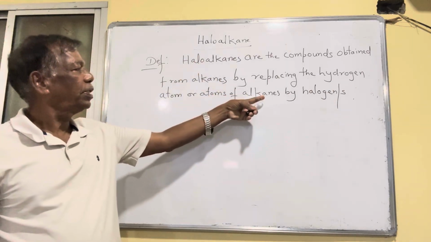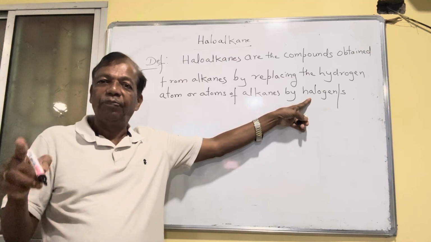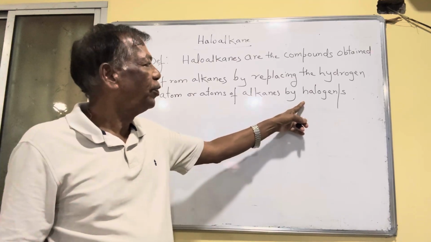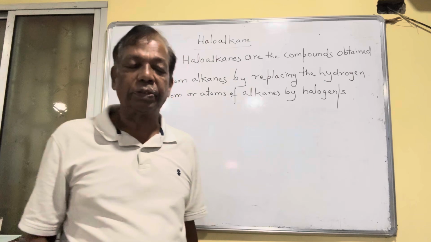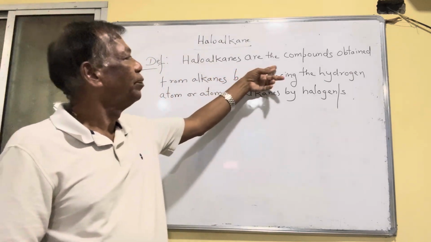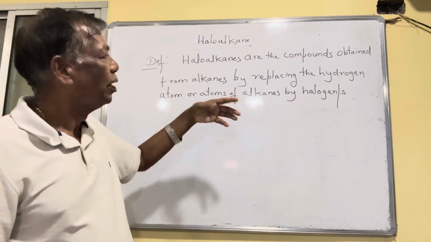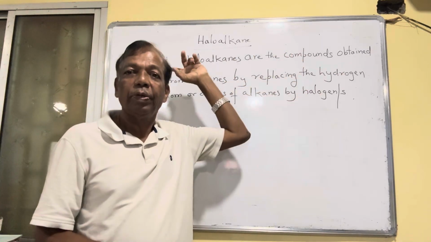Removing the hydrogen atom, instead of that hydrogen you put halogen. If only one hydrogen is removed, it is a halogen, and if more than one hydrogen, halogens. Simple definition I have given here. Instead of saying haloalkanes are the compounds obtained from alkanes, you can also say they are the derivatives of alkanes.